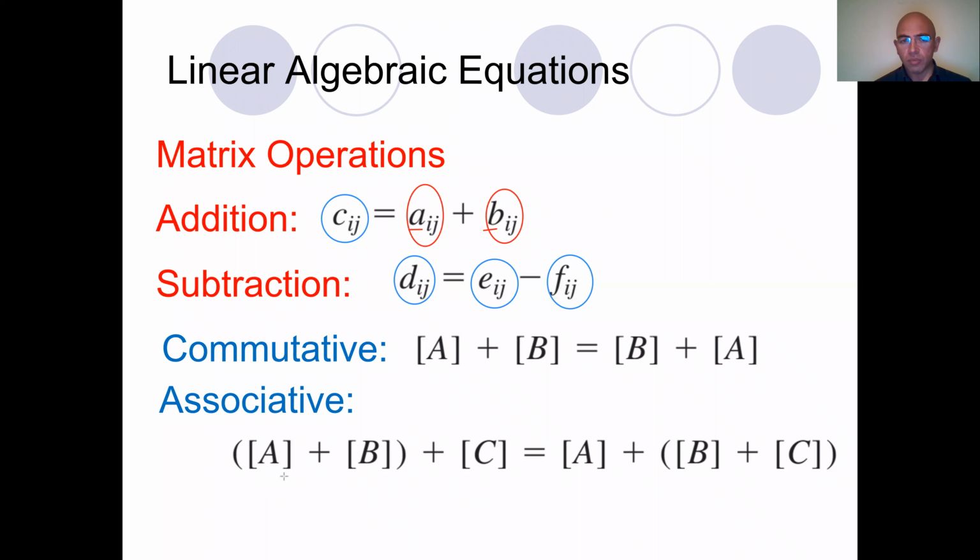First you sum up A and B and obtain a resultant matrix, then you sum this matrix with C. In the other one, you first sum B with C and then you sum up these two matrices.